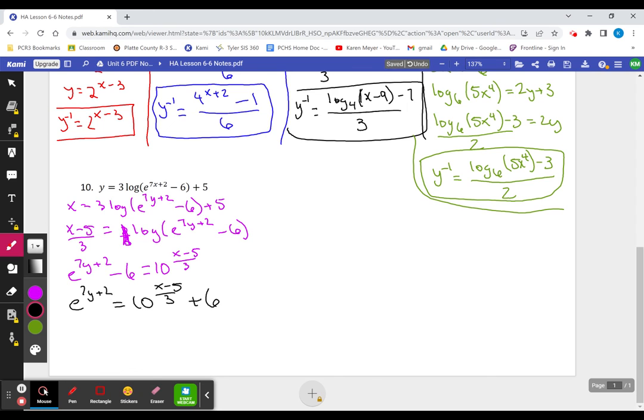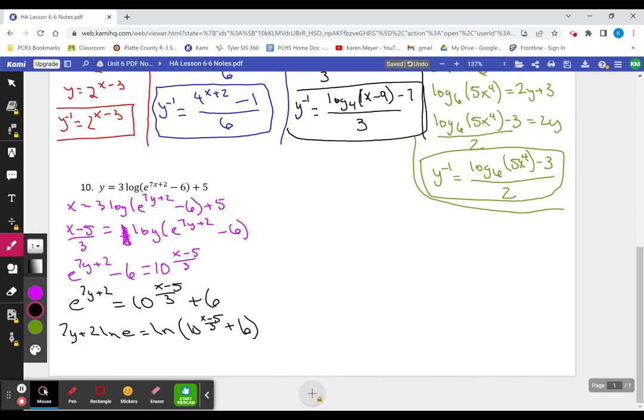Now I notice that the e is by itself, and this is where I can do the ln on both sides. So pull your exponent out in front, (7y plus 2) ln of e equals, and then we're going to do ln of this 10 raised to the (x minus 5) over 3, plus 6.